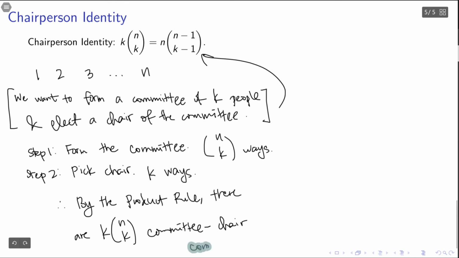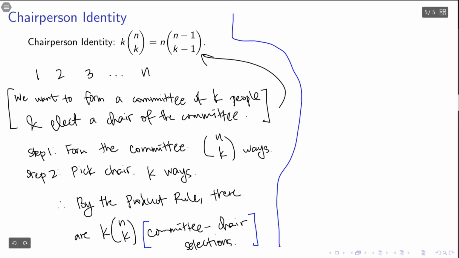I won't use combinations here, I'll say maybe selections, because combinations means something for us. Okay, so that's nice. We've found an object, which is these committee chair selections, such that counting those objects gives us exactly k times n choose k.